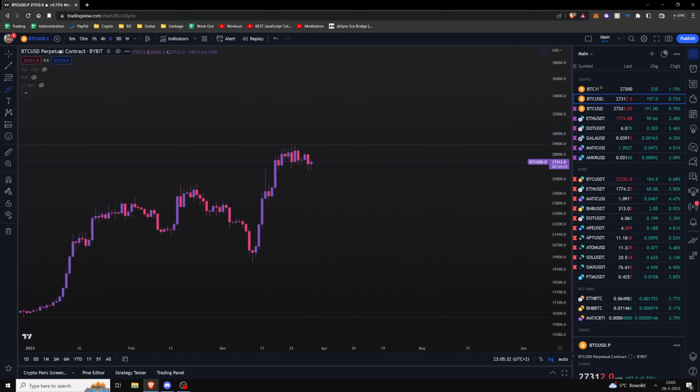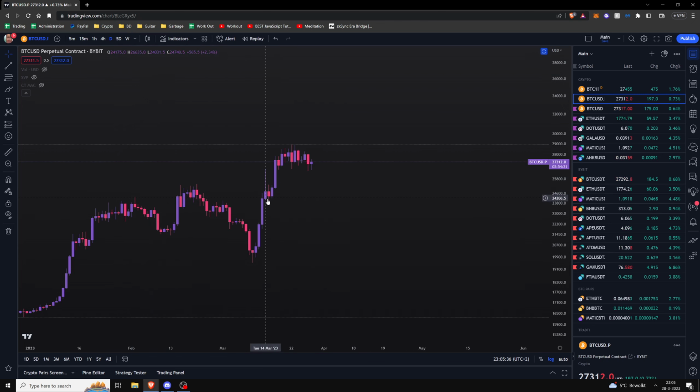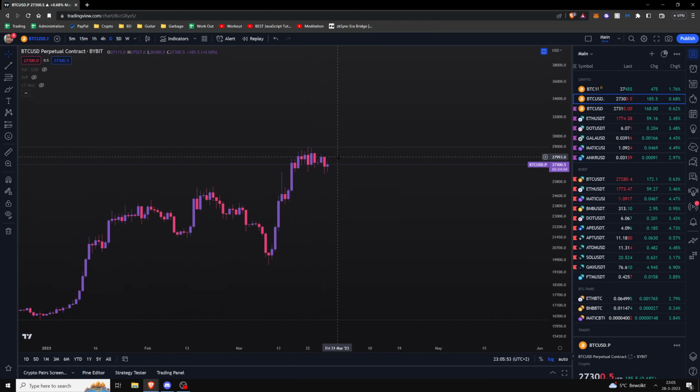Right now you can see I'm on the D here, on the daily time frame. I selected 1 day, so each one of these will represent 1 day of price action. This will open at 0 UTC or whatever, and close, and then it creates a new one.